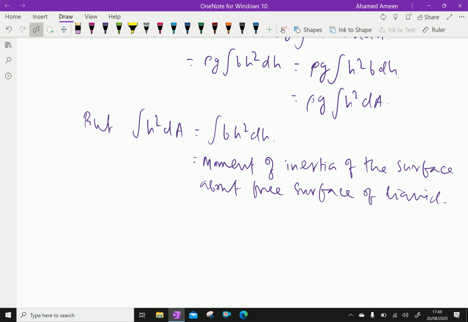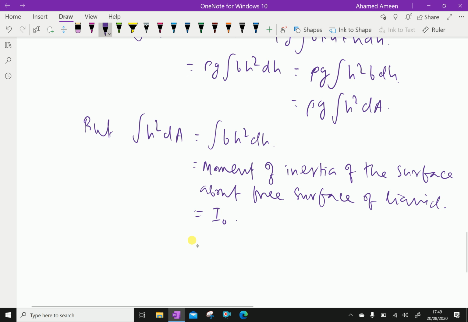Therefore we can say it is equal to I0, through the free surface. This expression, integral of h squared dA, is the moment of inertia of the surface about the free surface. Suppose it is equation 3.